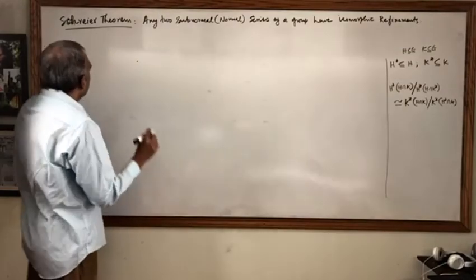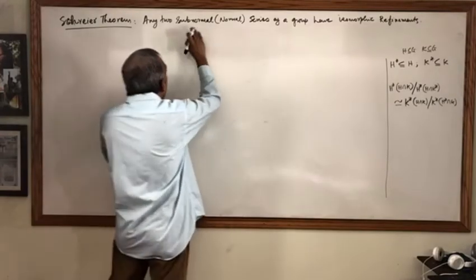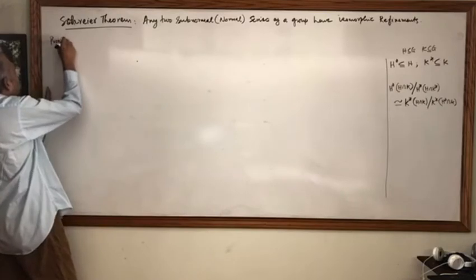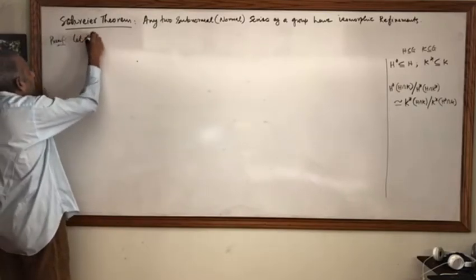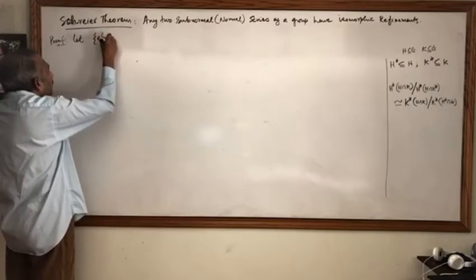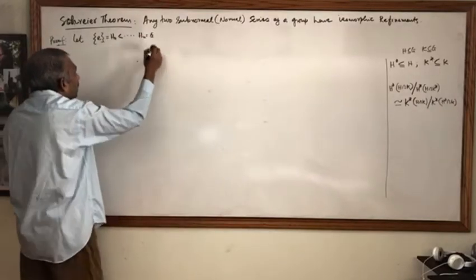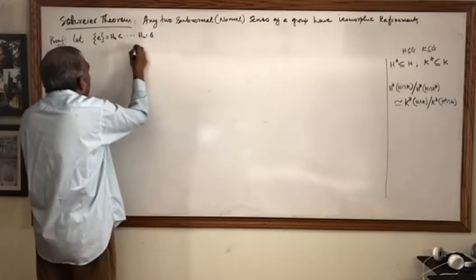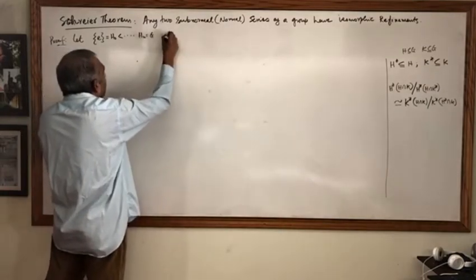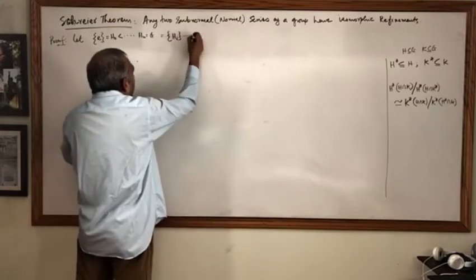So our approach is that first we'll take any two subnormal series. So that is the first step. Proof. Let E = H0 < ... < Hn = G. We'll call these subgroups Hi, and we call this number 1.